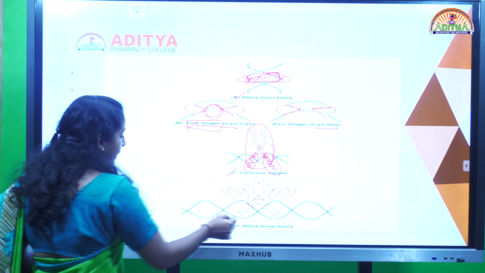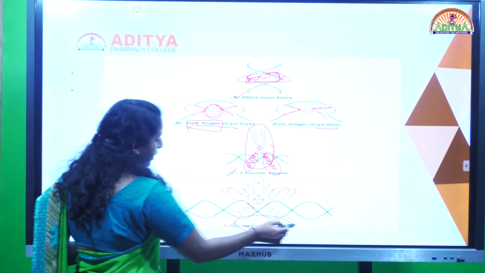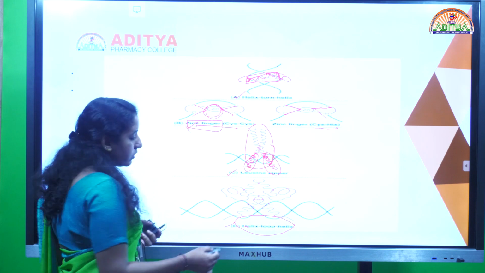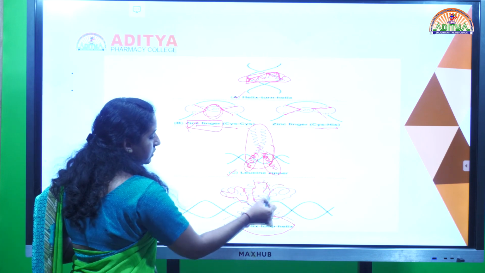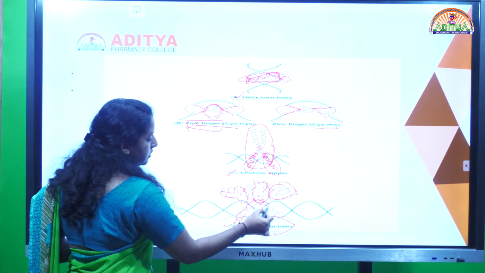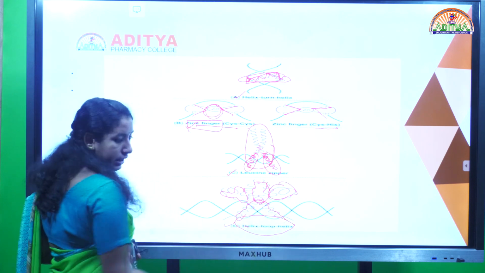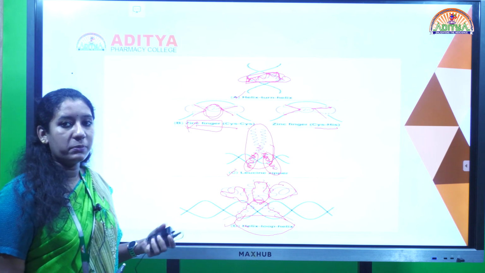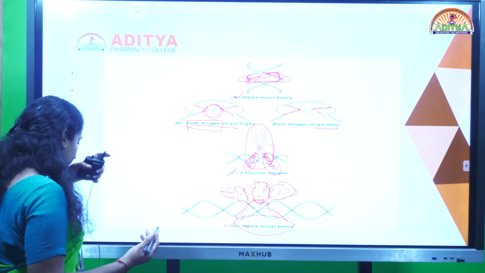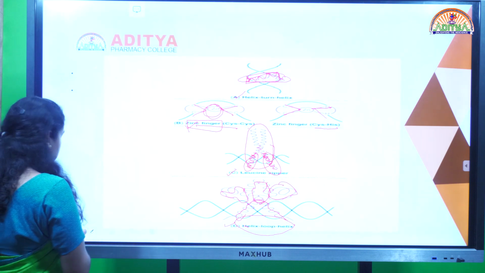And next one is the helix loop helix motif. This also contains various types of amino acid complexes. If you observe, these are all helix structures which form the loops around this DNA and bind with the DNA. So these are the different types of protein motifs which we are going to study in this gene expression process.